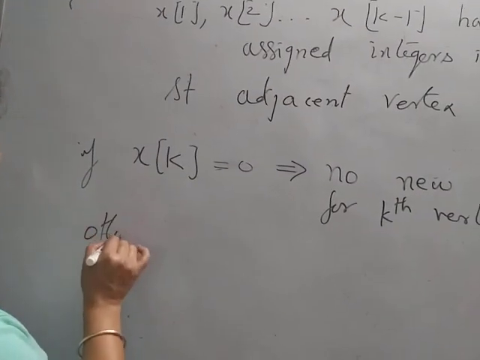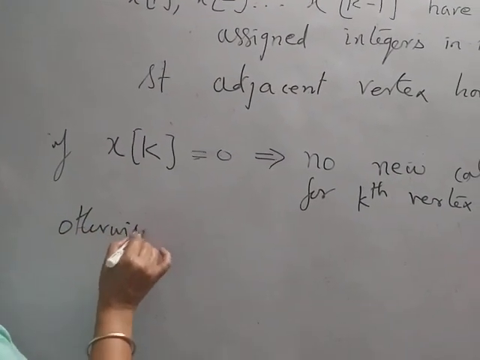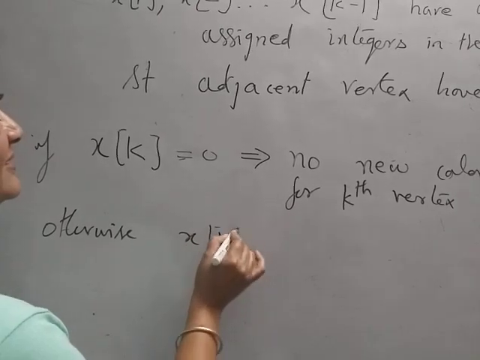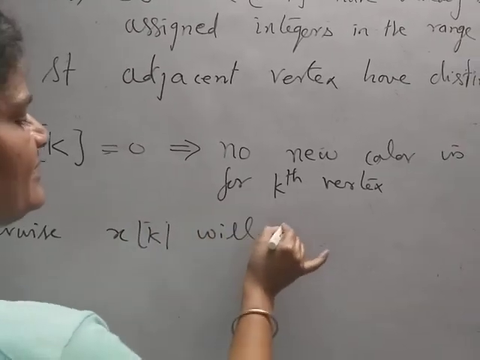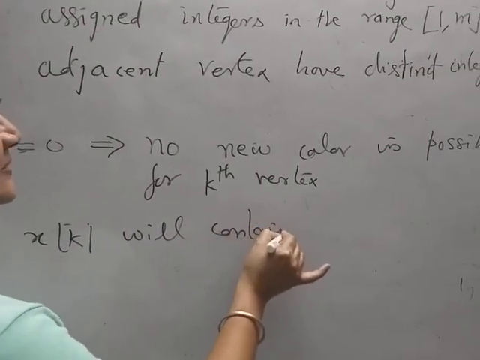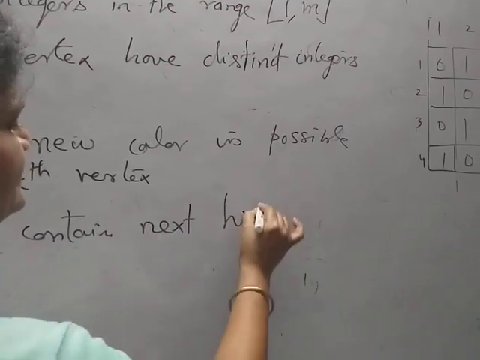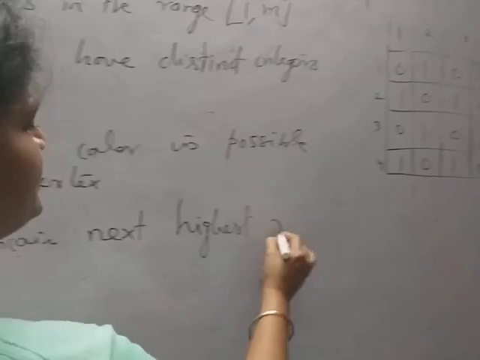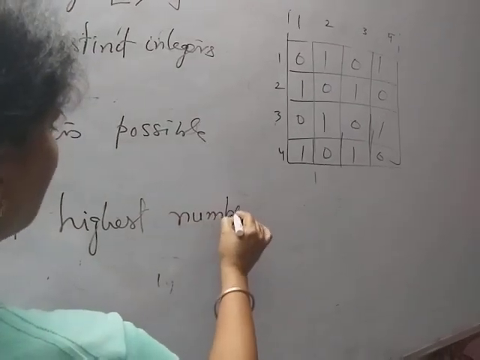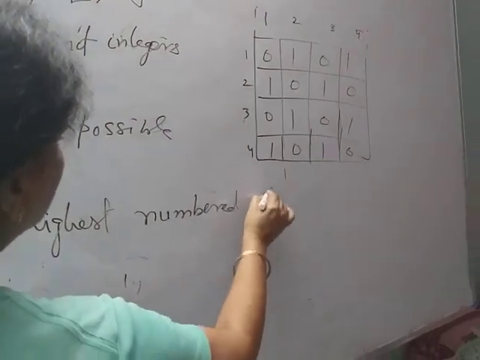Otherwise, xk will contain the next highest numbered color. Okay.